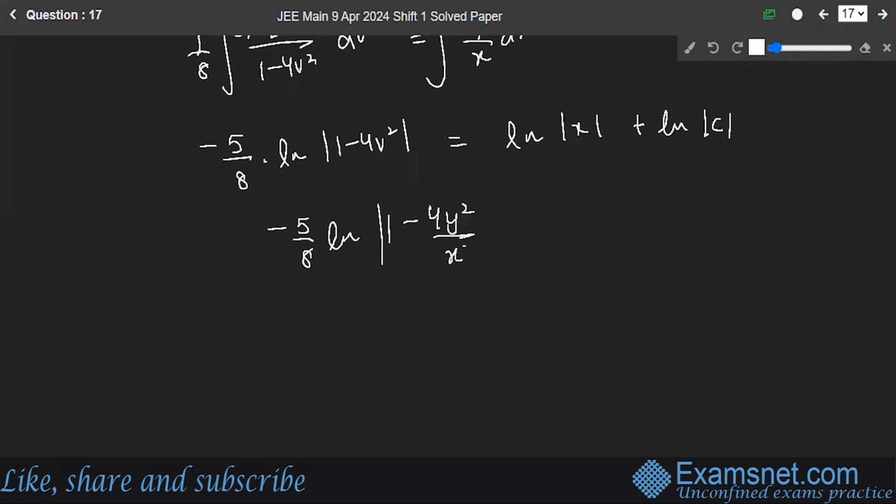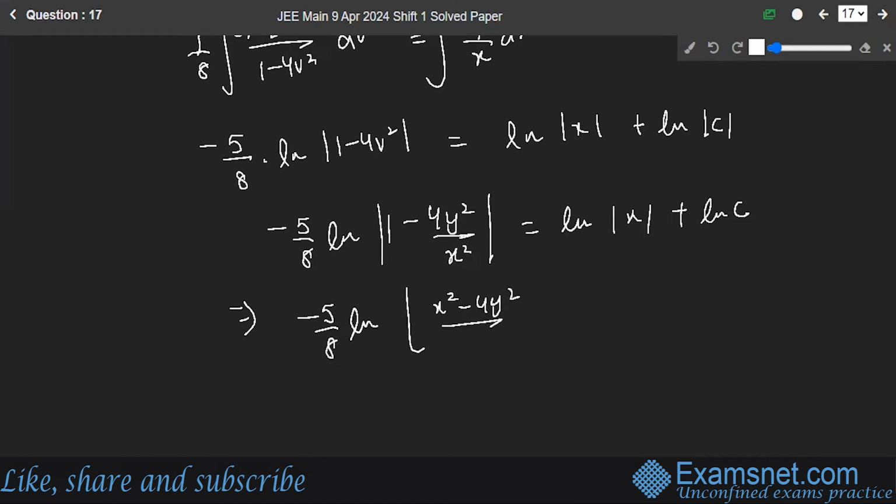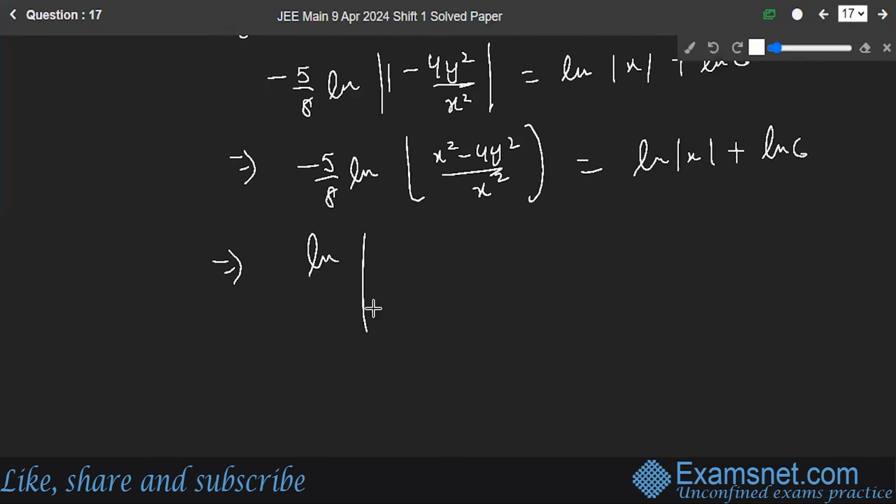upon x squared) is equal to log of x plus log of c. Or this will be equal to minus 5 by 8 log of (x squared minus 4y squared) upon x squared is equal to log of x plus log of c.